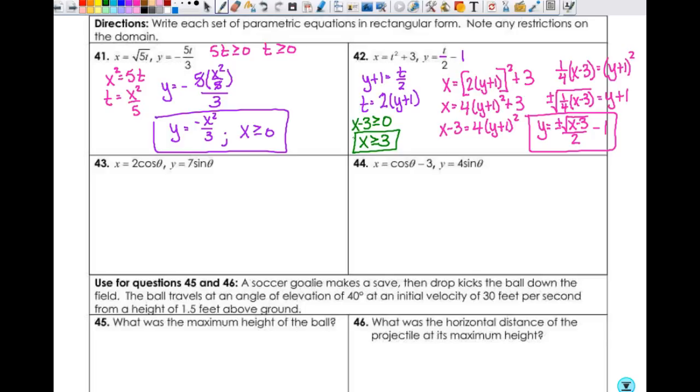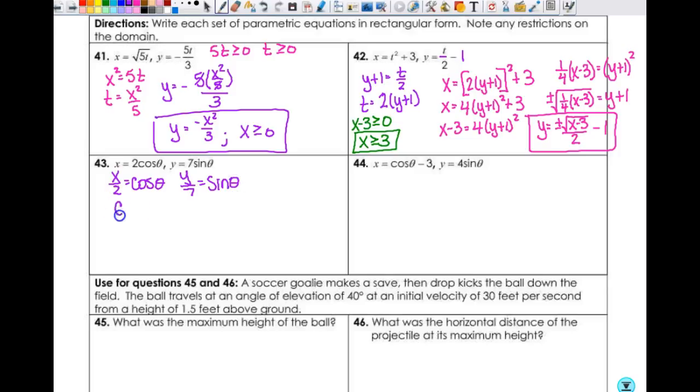All right, 43. I need to convert these to rectangular, which means I have to be able to solve for something here. I need to get cosine and sine by themselves so that I can use some of the identities that I have. So this is going to give me x over 2 equals cosine theta, and y over 7 equals sine theta.